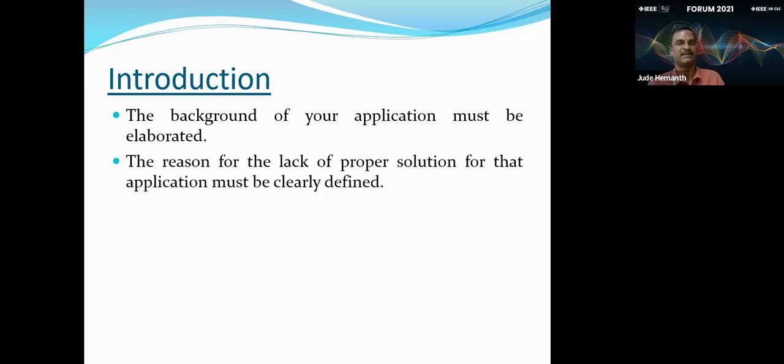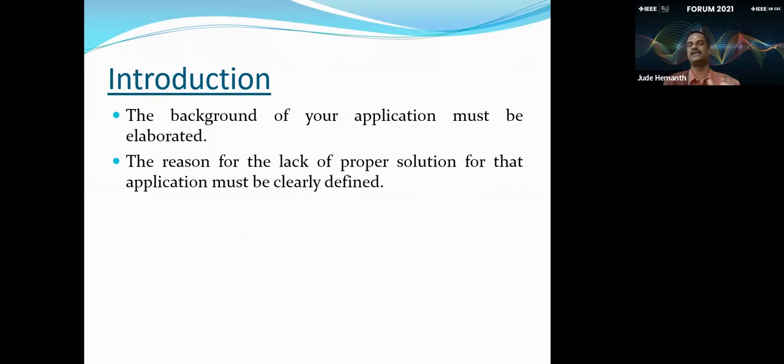What are these 8 paragraphs? The background of your application must be elaborated. The first paragraph will give the definition of the application. Now the background: maybe a few statistics, maybe a country-wise or a year-wise analysis of how the application behaves, just to show the reviewer.